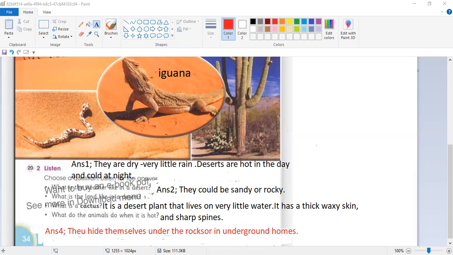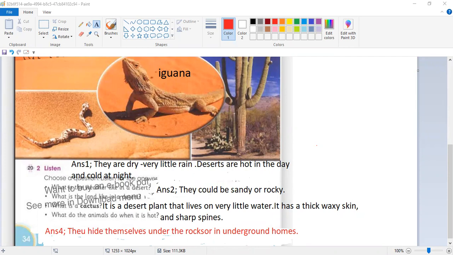That's much cooler. Camels live in some deserts, but most desert animals are small. Many of these animals hide under rocks or in underground homes during the hot days. It is cooler under the ground or in the shadow of a rock. At night, when the temperature gets cooler, the animals come out to look for food.